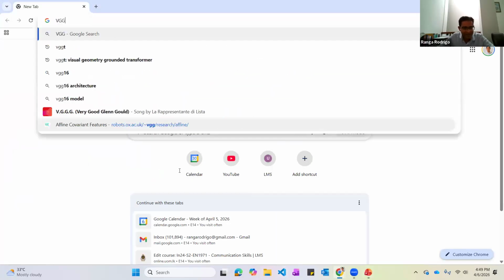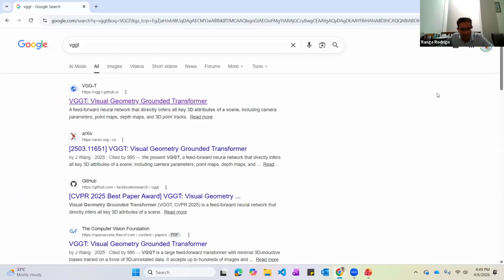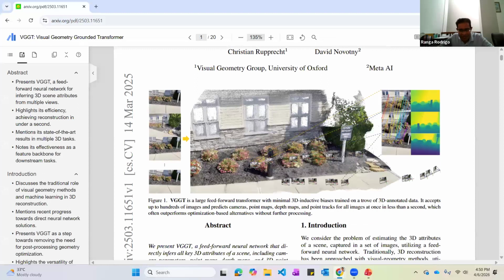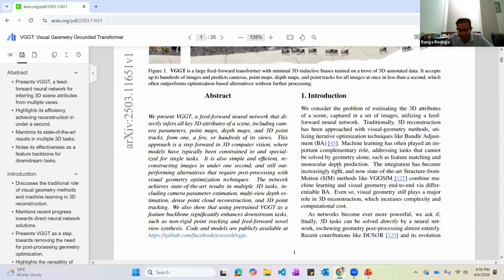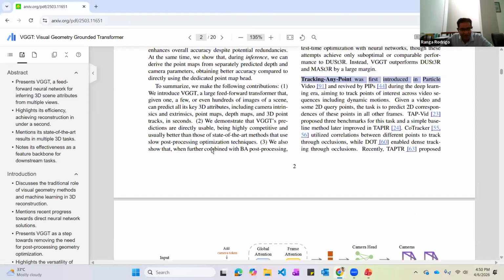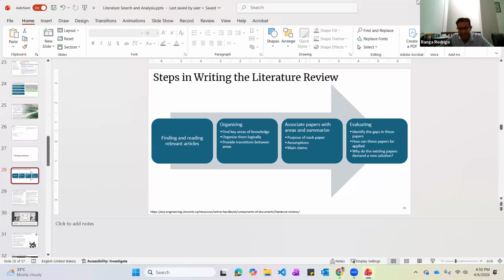Let's take this, the best paper award in last year's CVPR. How have they addressed the literature? You can see related work is the literature. They have categorized them into several areas, very different areas though. This is what I said here: categorize, associate papers with areas, and summarize them.